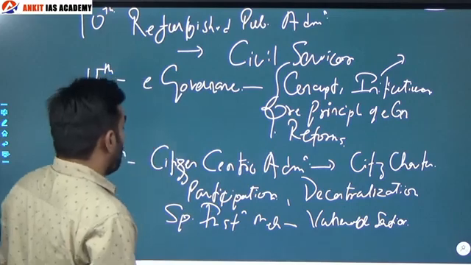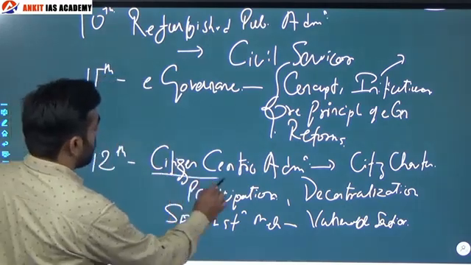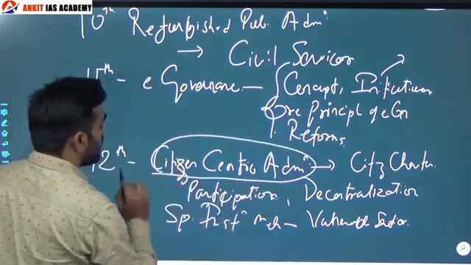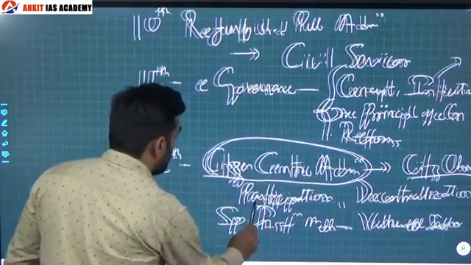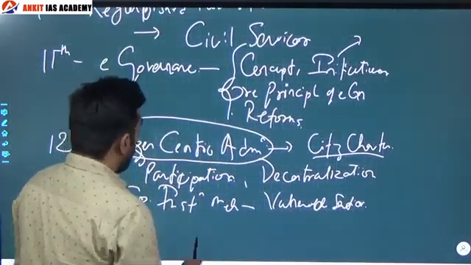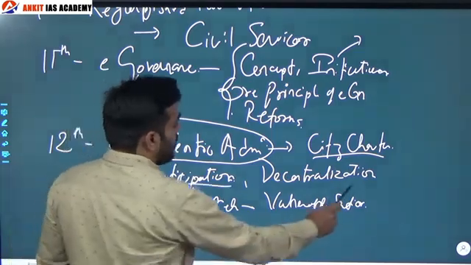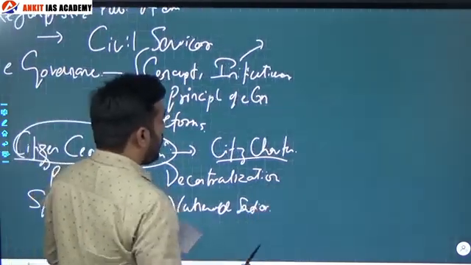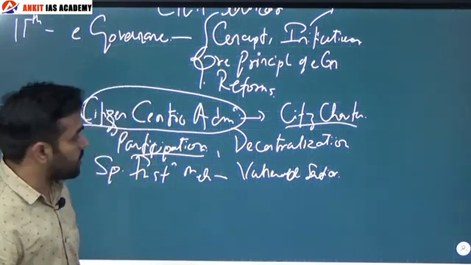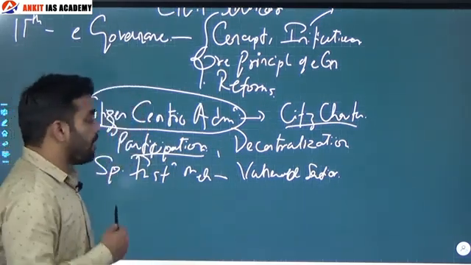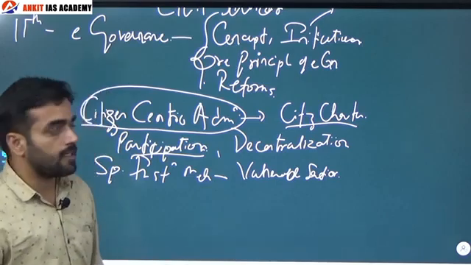Okay. So in citizen charter, citizen centric administration, we will learn about citizen charters, participation at local level in the governance process, decentralization, what are the issues government is facing in decentralization of the governance process, special institutional mechanism for vulnerable sections.